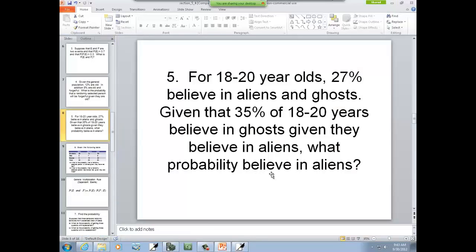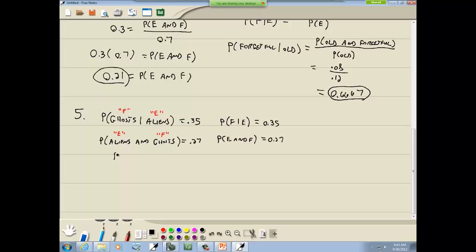And then it says, what is the probability of believing in aliens? So they're wanting us to find the probability of aliens. And aliens, we already said, was E. So they're wanting us to find the probability of E. Well, this goes back to our formula.